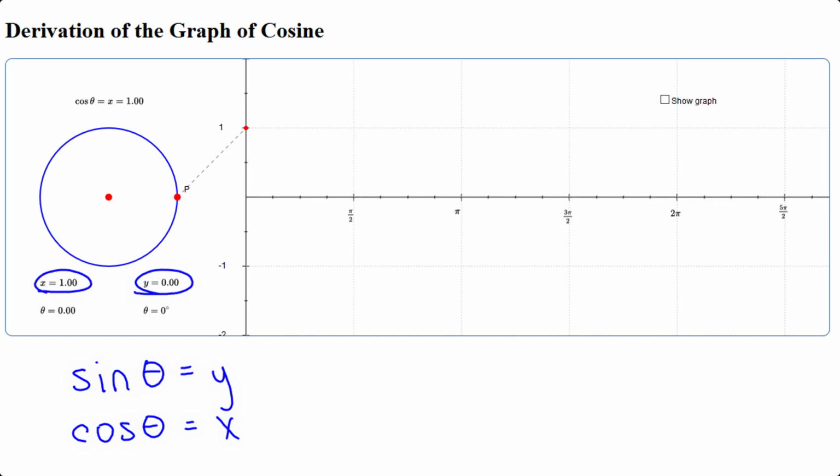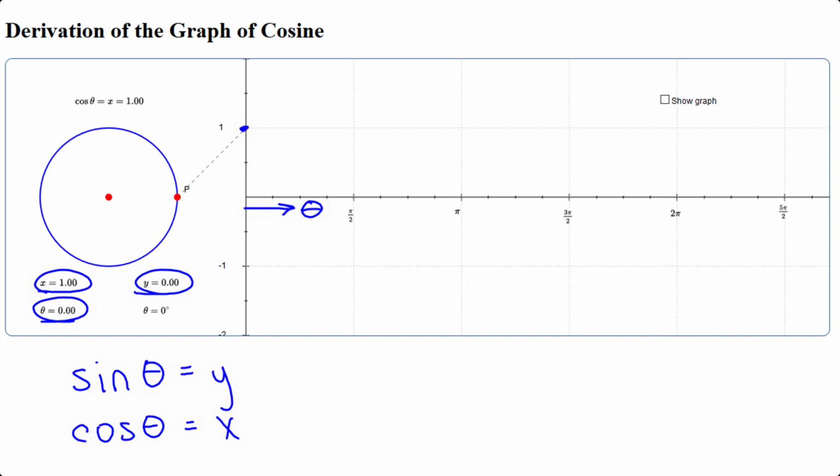So the x-coordinate of point P is what we've plotted here, which is at 1. And this is our angle measure theta along this axis. So theta is 0 and x is 1. That's why I'm up here.